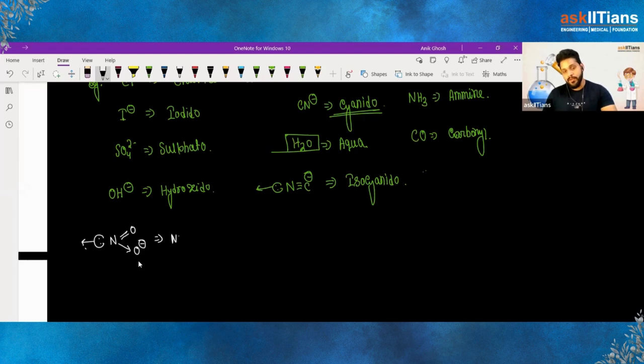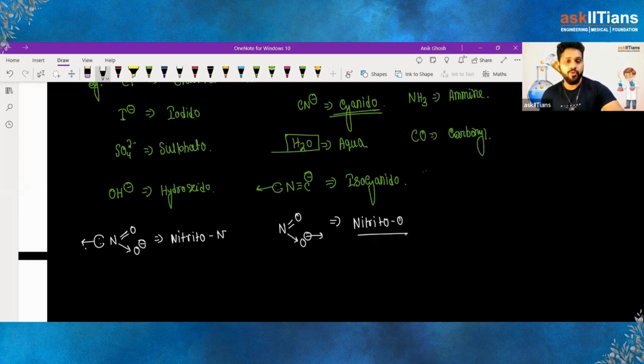It's called nitrite, right, guys? Nitrite, not nitrate. Nitrate is NO3, NO2 minus is nitrite. Nitrito. But who's the donor atom? N. So I'm going to write nitrito-N. But if oxygen was the donor atom, in this case, guys, we call it nitrito-O, like that.